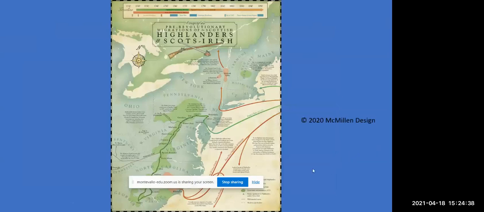And this is a map that's prepared by Macmillan Design. And it may be a little hard to read, but you can get an idea of the migratory patterns of the Ulster Scots, seen here in green, settling in the Appalachian mountain areas. And then the arrows in red would be the typical settlements for the Highland Scots.